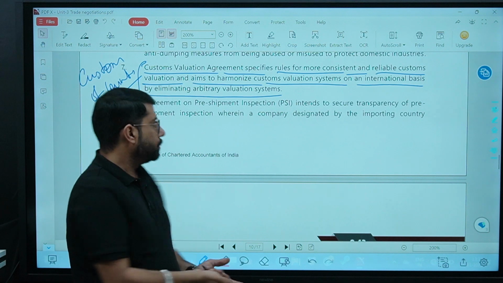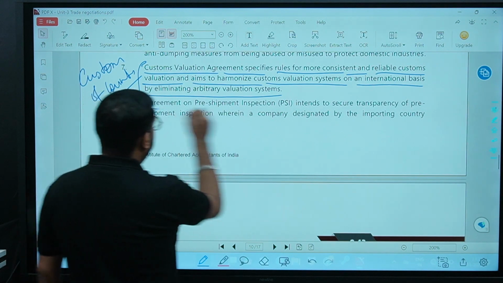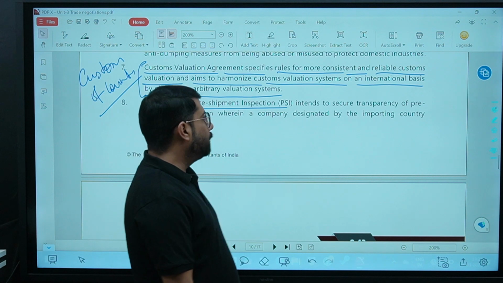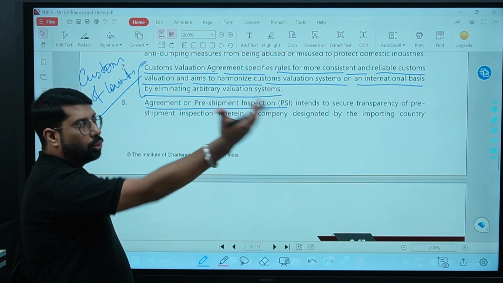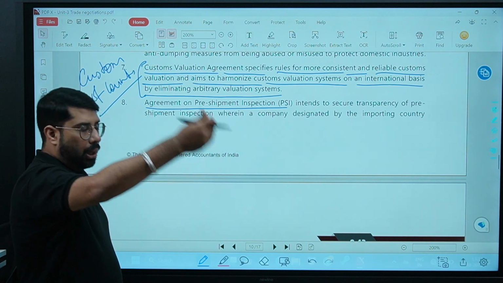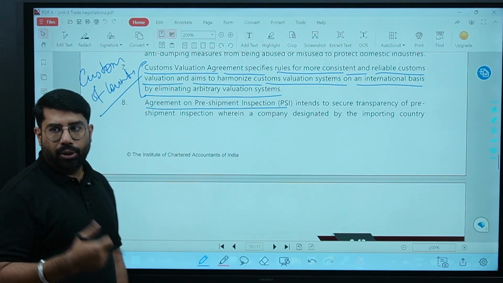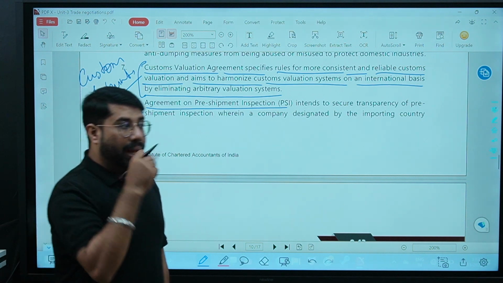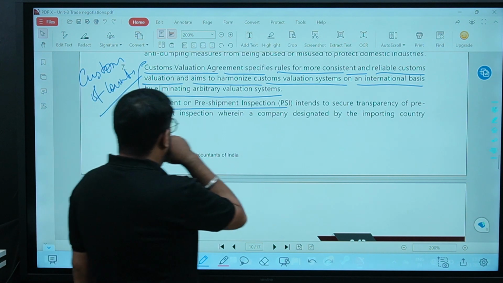Are you clear? Then we have pre-shipment inspection, PSI. What is pre-shipment inspection? It says that whenever goods are imported into one country, before those goods are delivered to this country, the shipment should be inspected and examined.